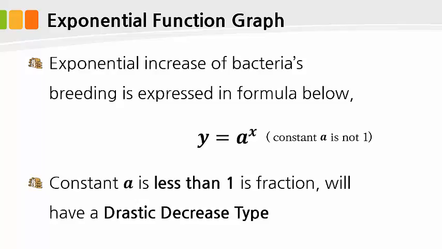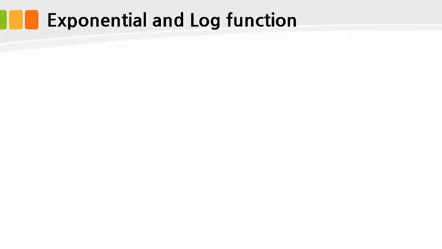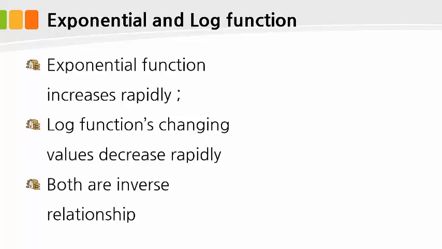When constant a is less than 1, which is a fraction, the exponential function can have a drastic decrease type. The difference is that, as the exponential function increases rapidly, the log function's changing values decrease rapidly.